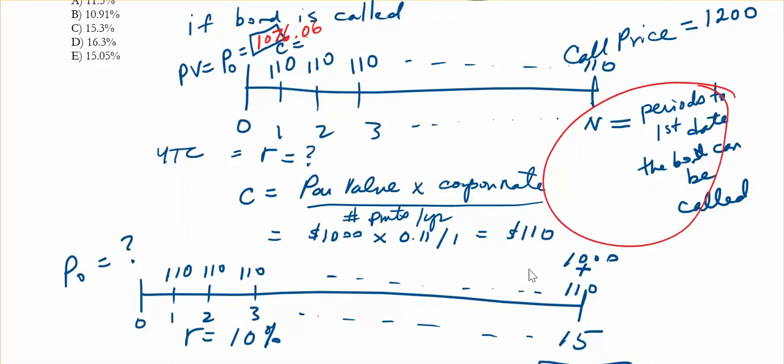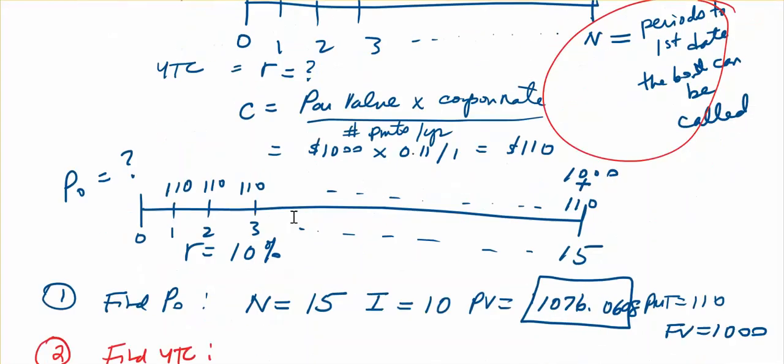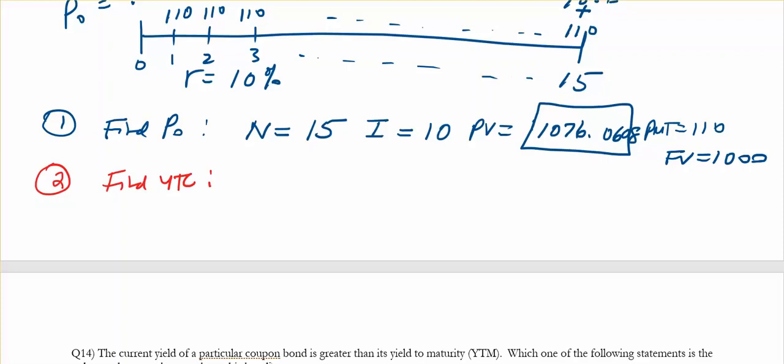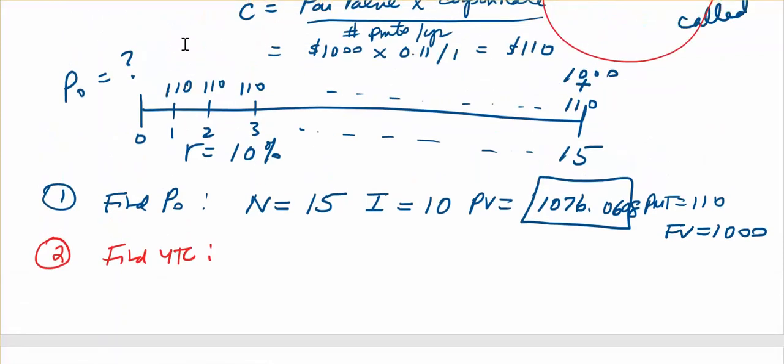Notice that the N will change and the FV will change. So N will be 10, and the FV will change to 1,200, the call price.